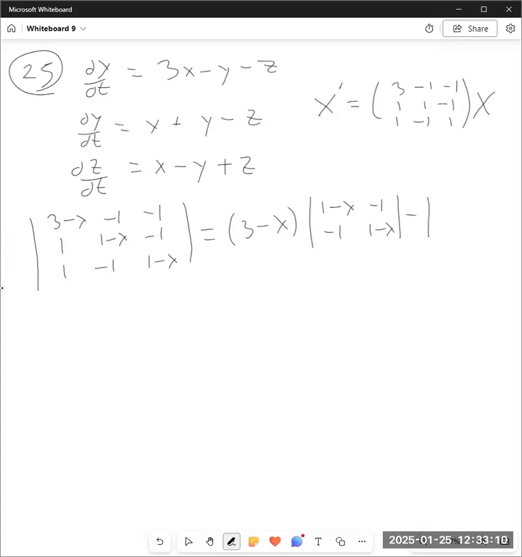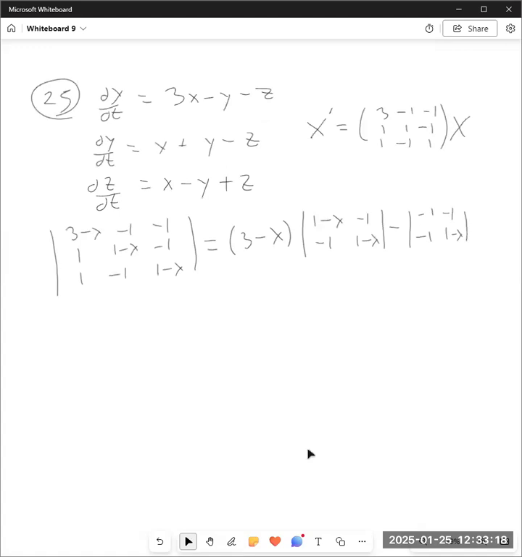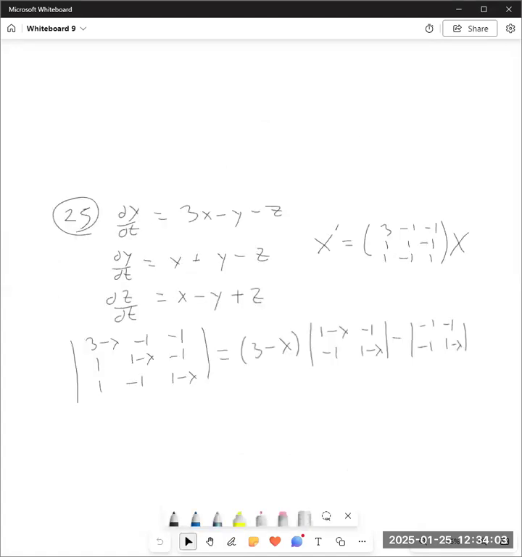Then that leaves me with negative 1, negative 1, negative 1, 1 minus lambda, and then slide this over a little. Plus 1, and then the determinant there is going to be negative 1, negative 1, 1 minus lambda, negative 1. Sorry, I'm squeezing that in there, but it'll get better in just a second.